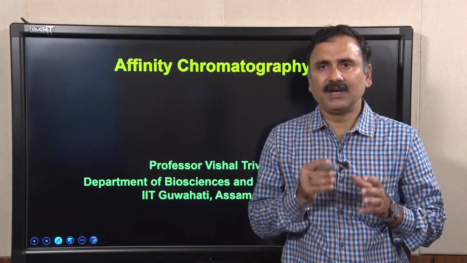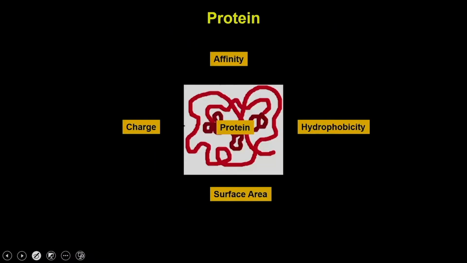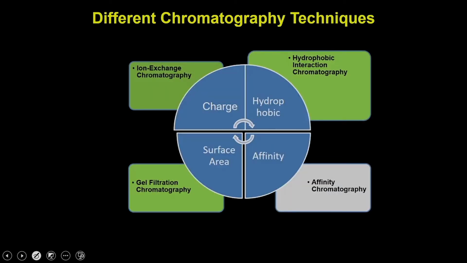As you can recall, a protein provides different types of properties, and so far we have discussed how to exploit the charge, the hydrophobicity, and the surface area of a protein through different chromatography techniques. In the case of charge, we discussed ion exchange chromatography.